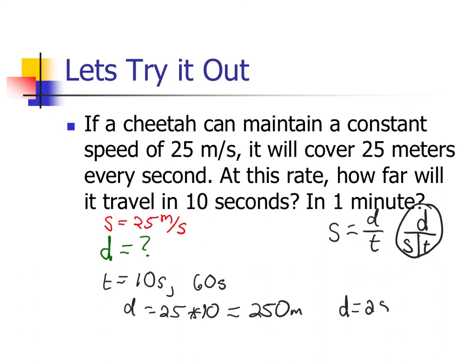We just have to change the time to give us 1,500 meters. Now, cheetahs usually don't run that far. They will only hold it for maybe 10 seconds. Short bursts. They're not going to be running a mile at that 25 meters per second.